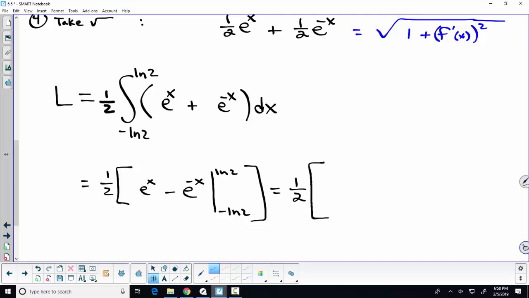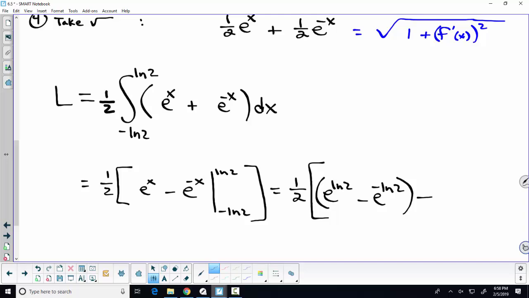So f of the top, e to the ln2, minus e to the negative ln2. So upper bound, subtract off lower bound.